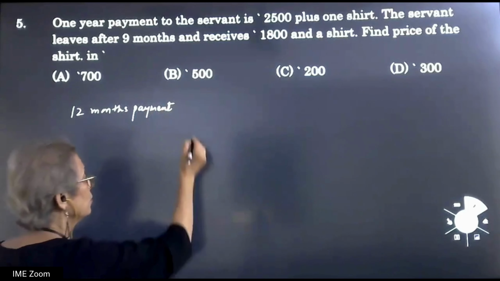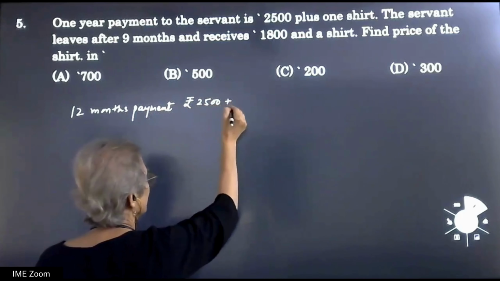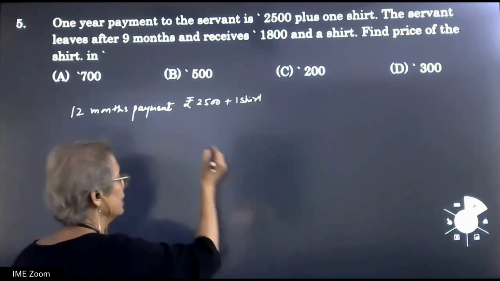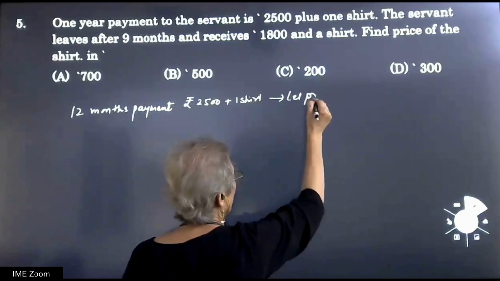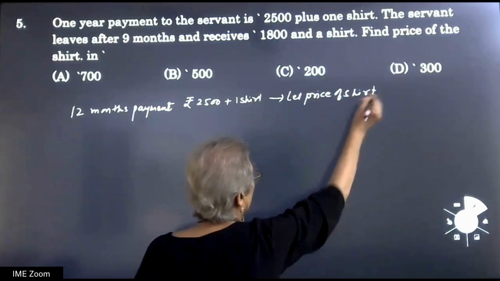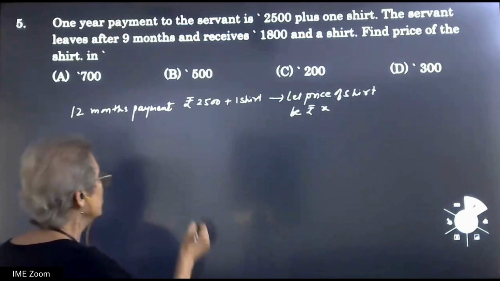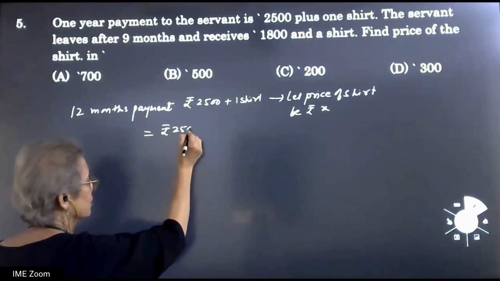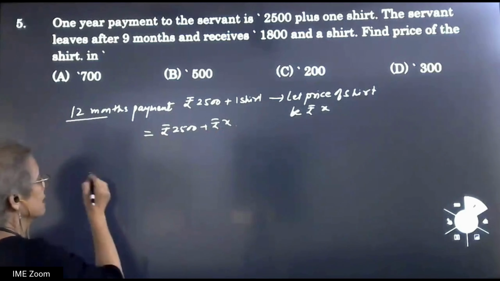12 months payment is 2500 plus one shirt. Plus one shirt means the price of the shirt. So let us consider, let the price of the shirt be rupees X. Okay, so the payment will be rupees 2500 plus rupees X. This is for 12 months.